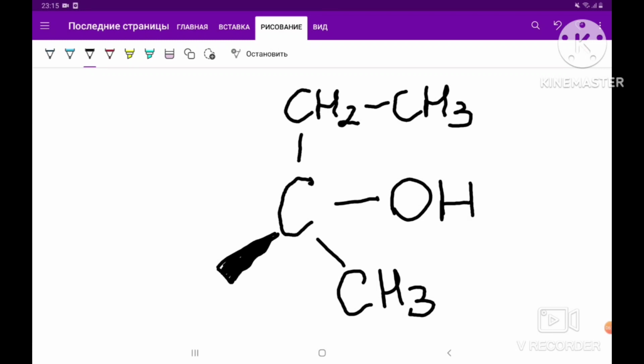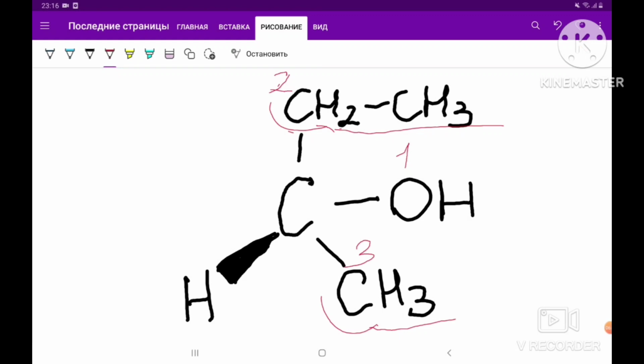Again we will enumerate them. The biggest one, according to the mass number, will be oxygen. We have carbons and oxygen. Oxygen has mass number 16, while carbon has 12. Now, comparing these two carbons, they both are carbons, so in this case we will pay attention to the full chain.